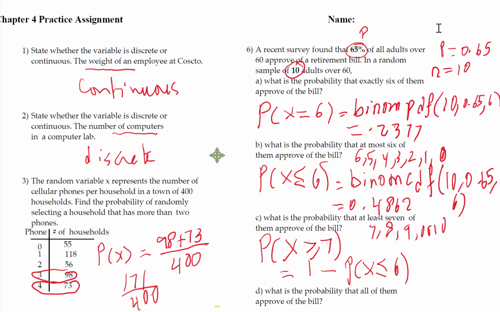And then we subtract the answer from 1 because the sum of all probabilities equals 1. Well, you already did at most 6, guys. It's already in part B. So it's going to be 1 minus 0.4862. And that would be 0.5138.